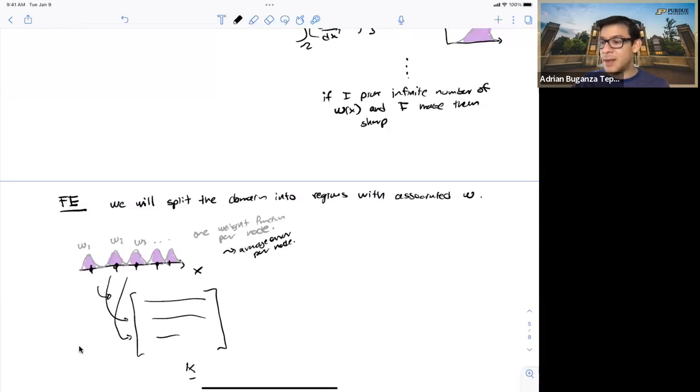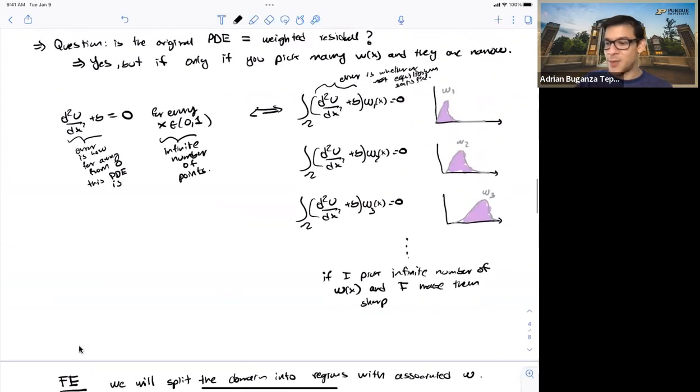And this is the intuitive part of FE: if you split your domain into more and more elements, you're making these W functions finer and finer. In the limit, if you pick infinitely many nodes, you are solving the original PDE.